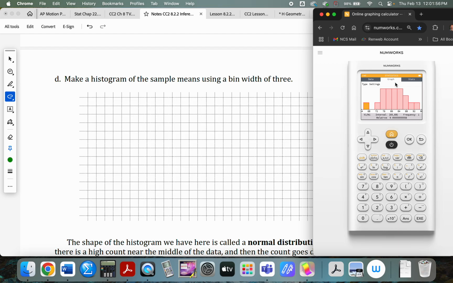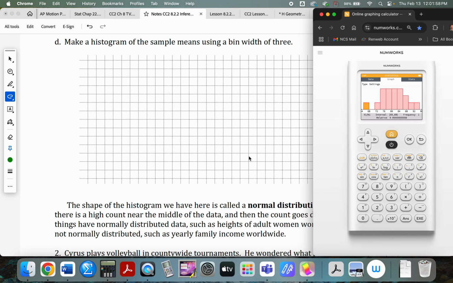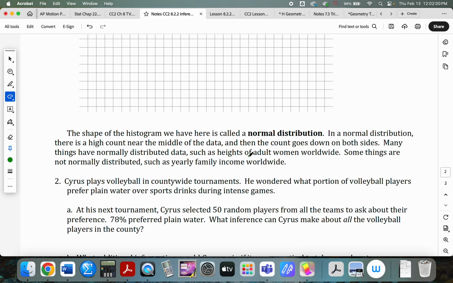Okay, so that shape where it's high in the middle and it is symmetrical is a normal distribution. So I'm just going to draw that. I'm not going to do this whole thing because we're a little short on time. You guys worked pretty steadily, but it takes a little while.